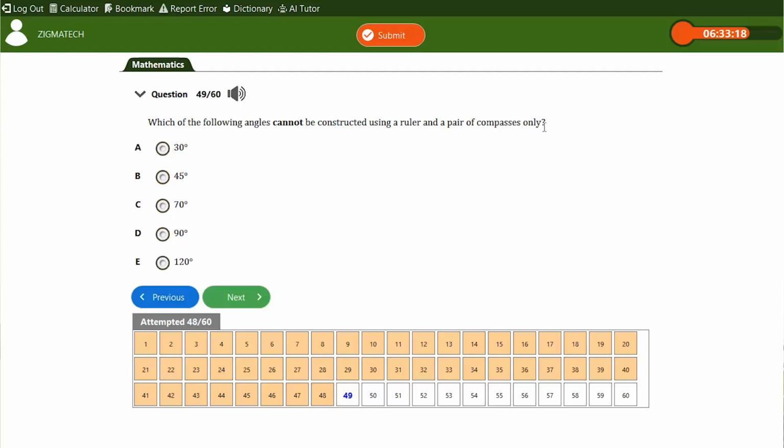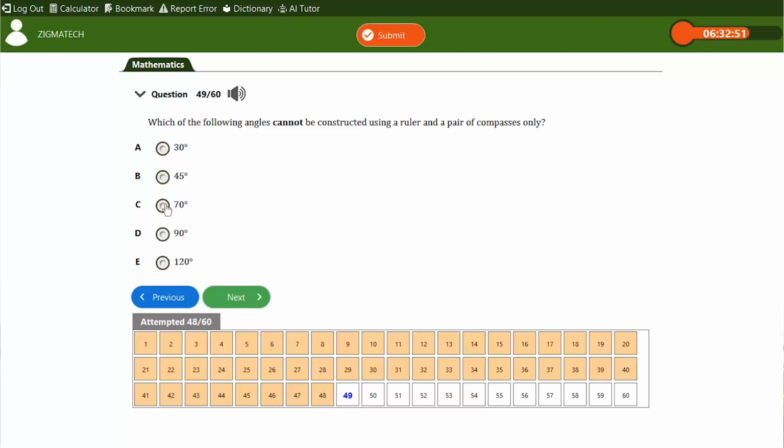We can construct 30 degrees. Okay? We can construct 45 plus 30, that is about 75 degrees. We can even construct that. Do you understand that now? So we can construct some of those, but there are some angles that there is nothing you can do to construct them.